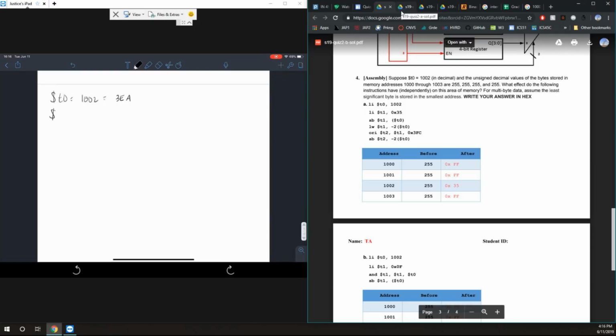T1 equals 0x35. Then we store byte, so it says store byte T1 in T0. If we look at the addresses, we have 1000, 1001, 1002, 1003, and before is 255 for all of them.